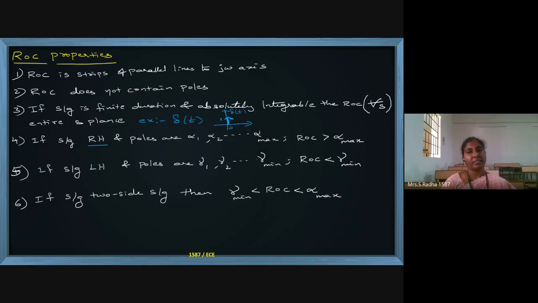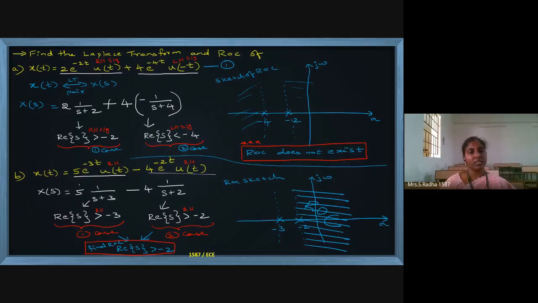Greater than that maximum value is the ROC. We have done one problem in that model. You see the B condition. We have two poles, minus 3 and minus 2. It is not compulsory that they be on the right side or left side, poles can be anywhere.